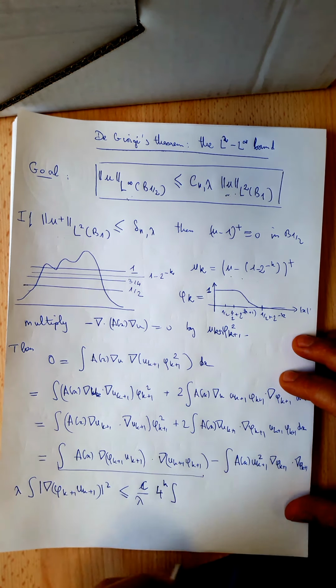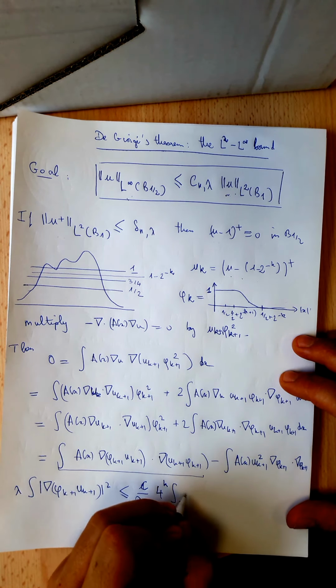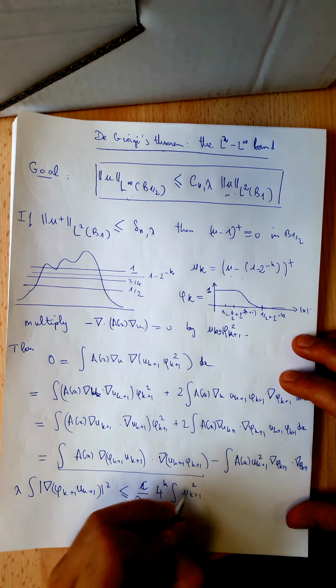And what's left is the integral of u k plus 1 squared.